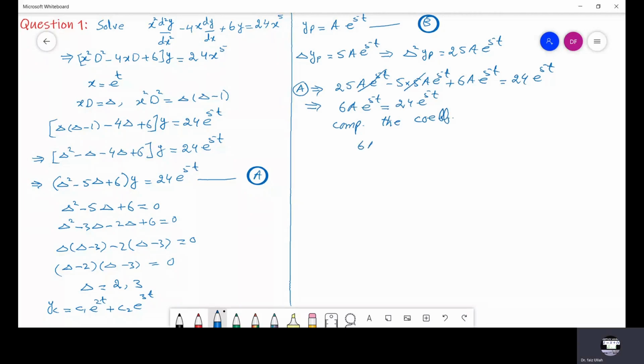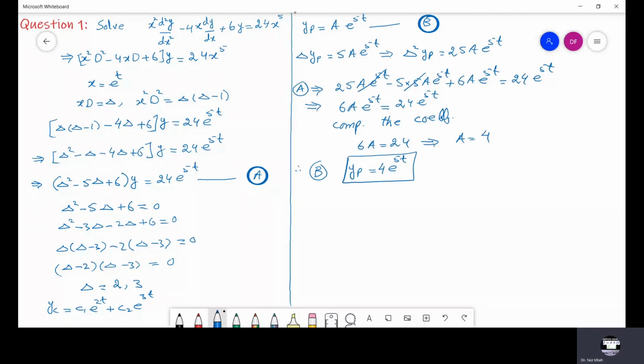So we have 6a is equal to 24, and from here we get a is equal to 4. Therefore, from B we can get the particular integral yp is equal to 4e⁵ᵗ.